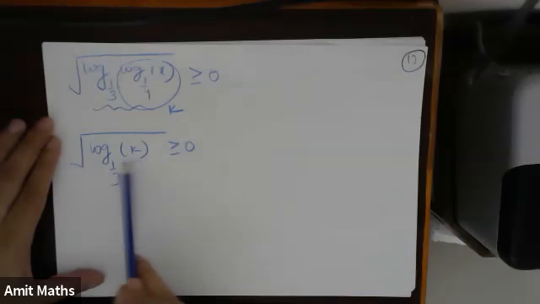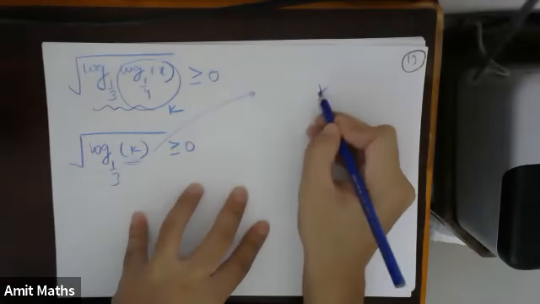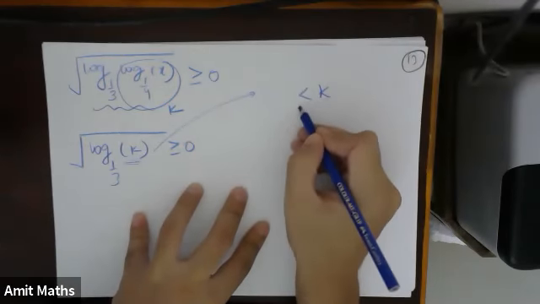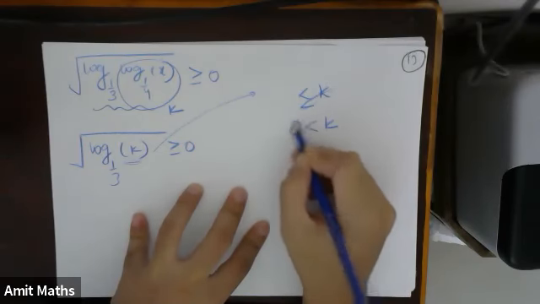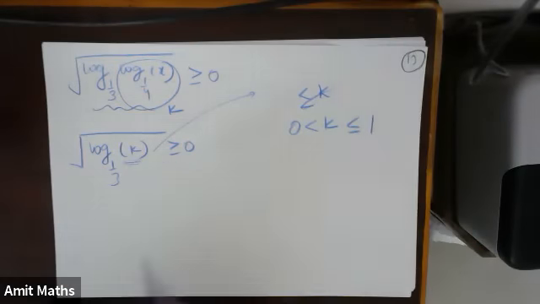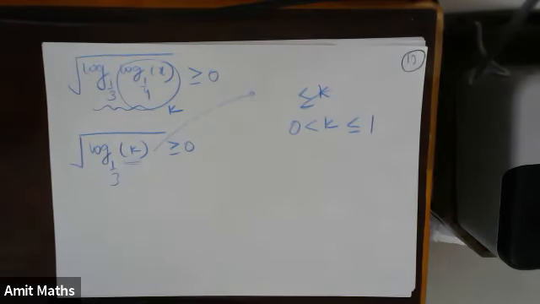If this is equal to k, then this is a weak base. So what should be the domain of k? Using this, I can write that k should be greater than 0 and less than or equal to 1.